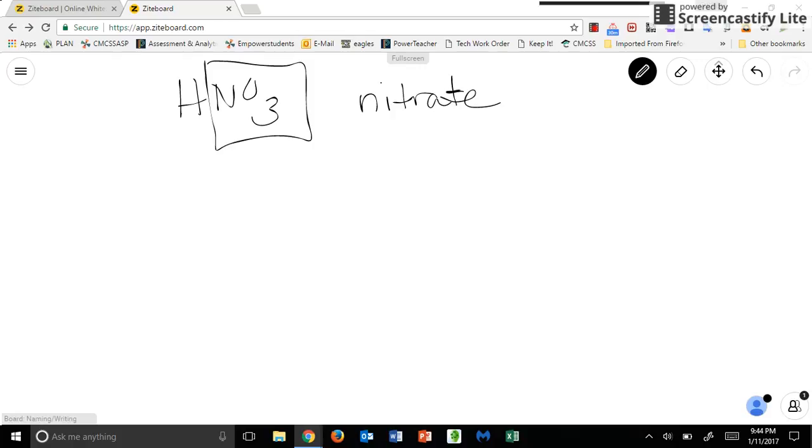And the rule is when you're dealing with acids, if the thing that follows hydrogen ends in ATE, you change it to ic. You ate something icky. So nitrate becomes nitric. So this formula would actually be nitric acid.